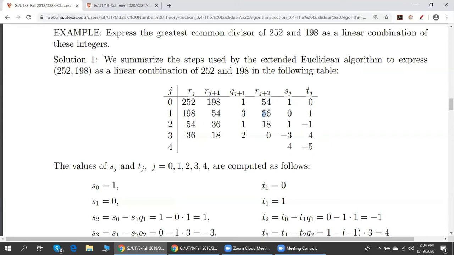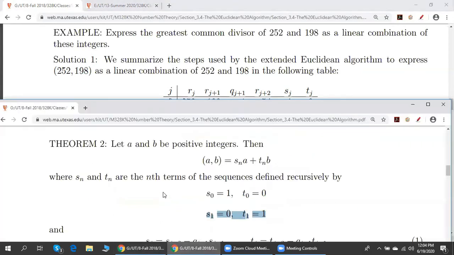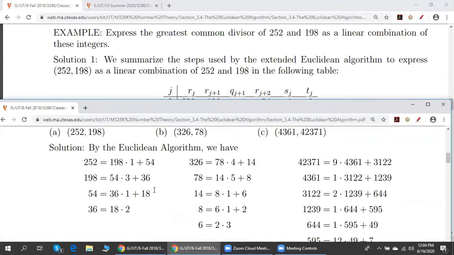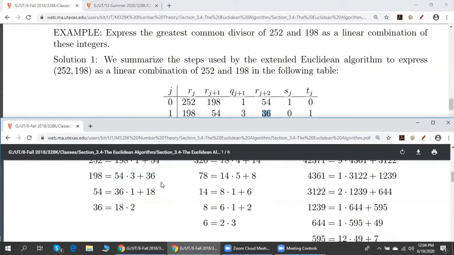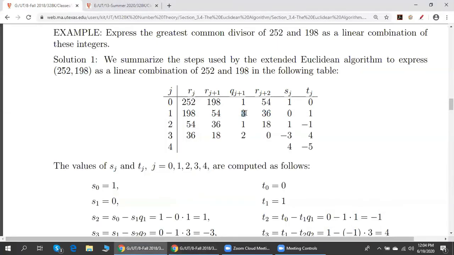Note that these two numbers come from row number 2 here. Over here, 336. We put here 336.